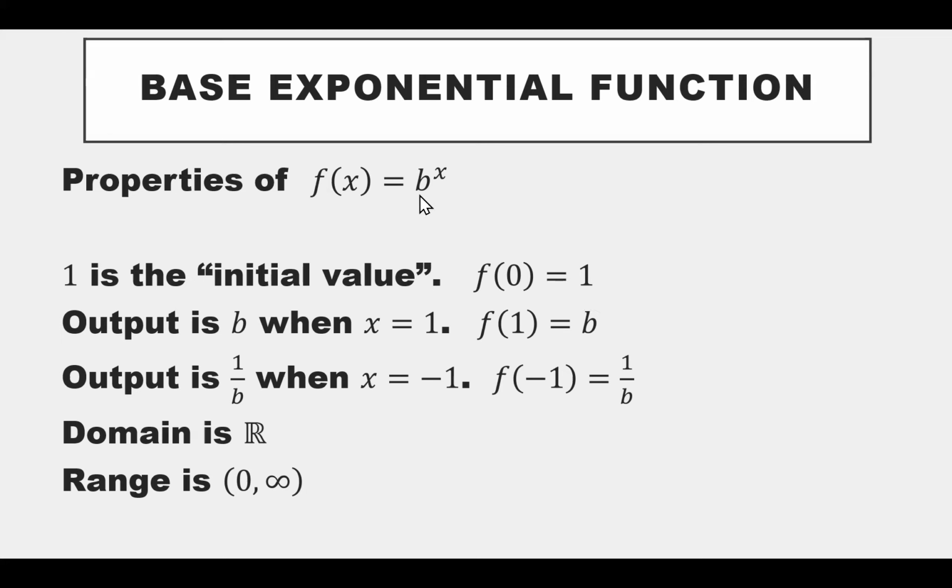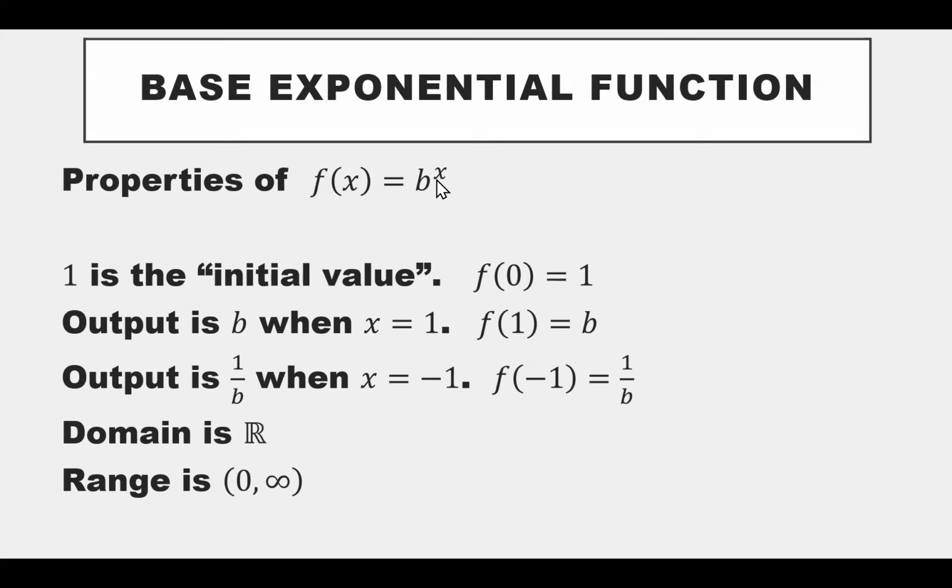That's because anything being raised to the 0th power is 1, so long as, again, our base is positive, and then we usually always say our base is not equal to 1. So as long as our base is positive, anything raised to the 0 power becomes 1.